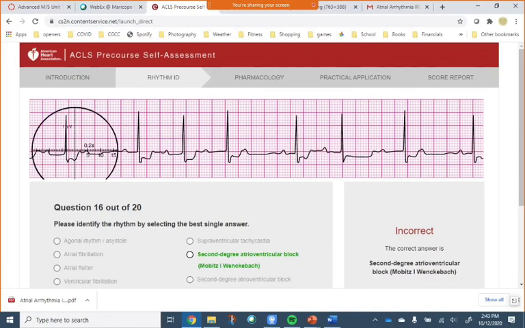I missed that one. There was no drop. That's why it messed me up. Yeah, so they wanted to call this one a 2nd degree type 2 because it was dropping randomly.